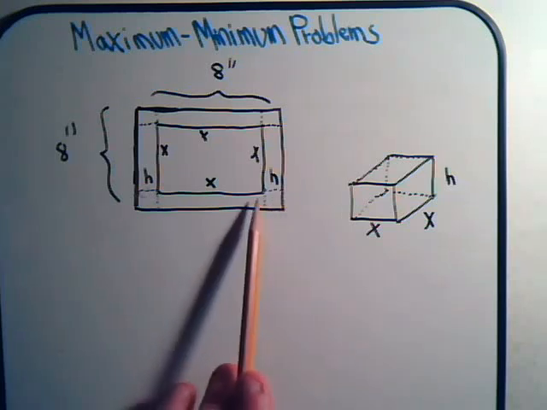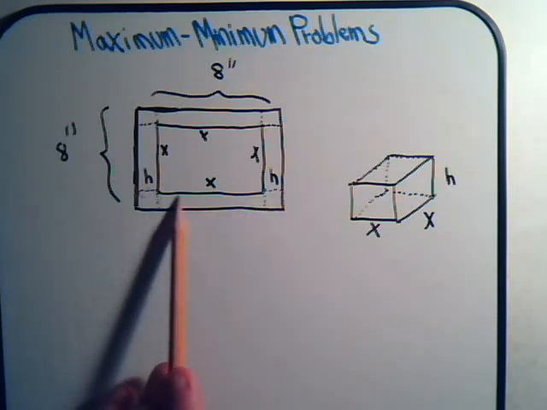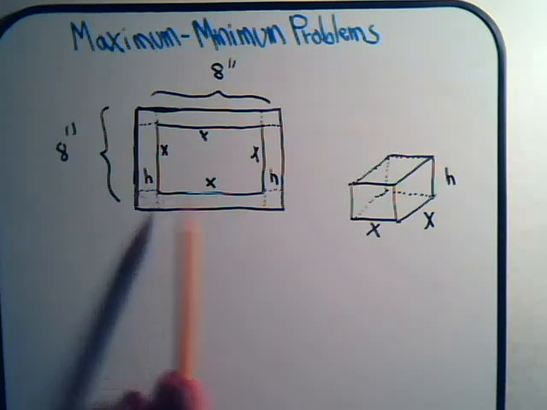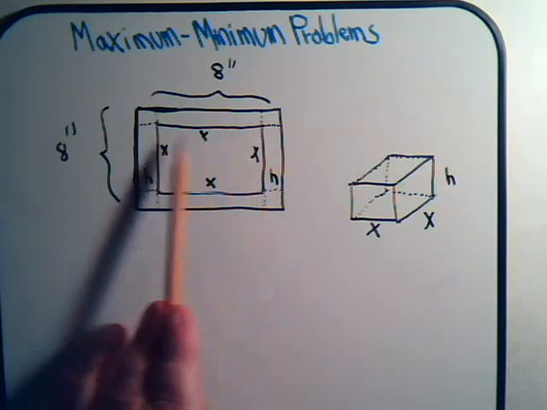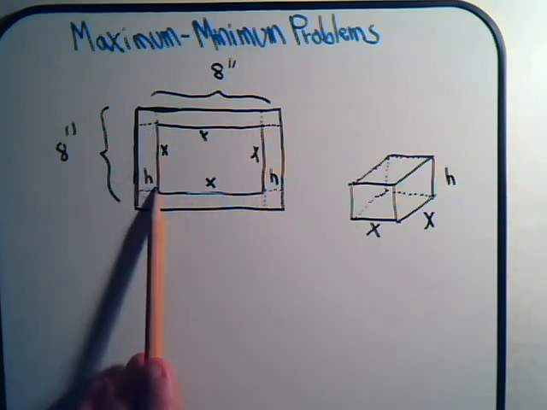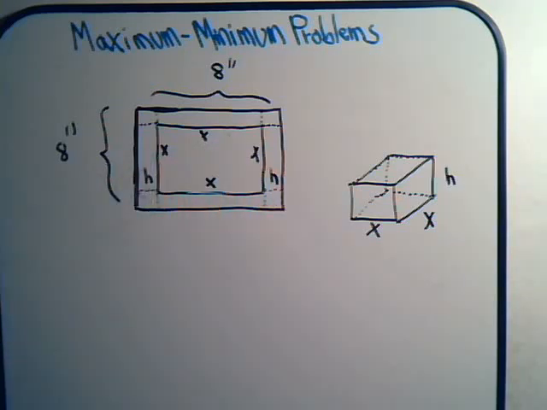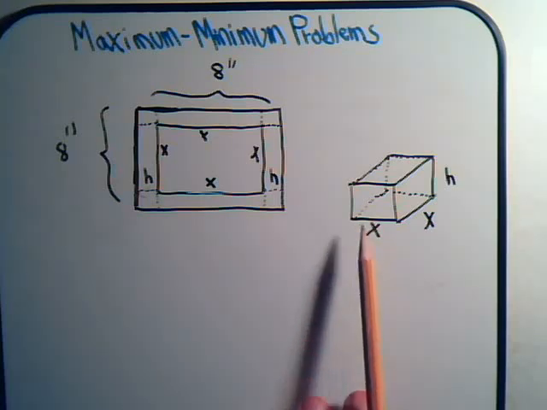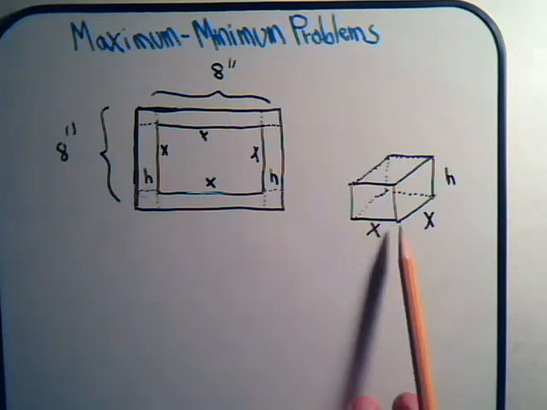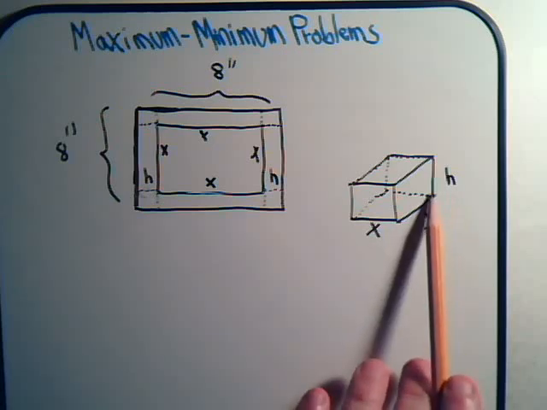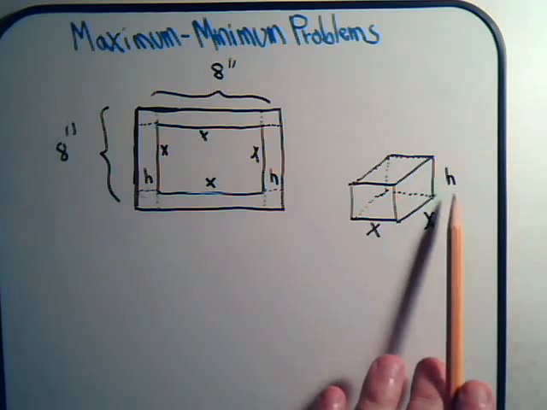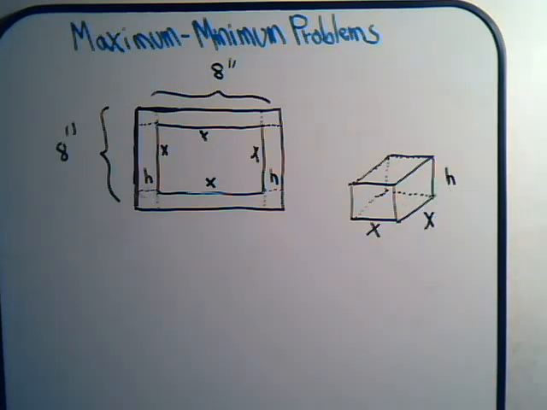This is H. This remaining section here, we'll call it X inches. And this will be X, and this will be X, and this will be X. And I'm going to fold these flaps up to make a box out of that square piece of cardboard. So the box might look something like this. It would be X inches by X inches, and it will have a height of H inches.